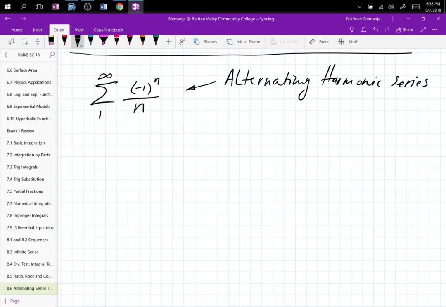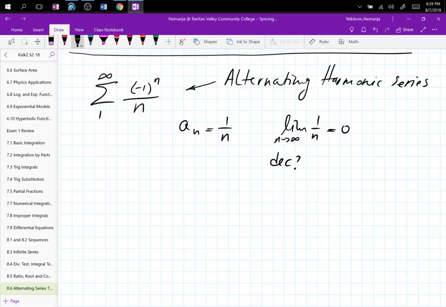So now what we do is we go on with our program, right? The a_n is 1 over n. The limit of 1 over n is 0. That's cool. And is it decreasing?